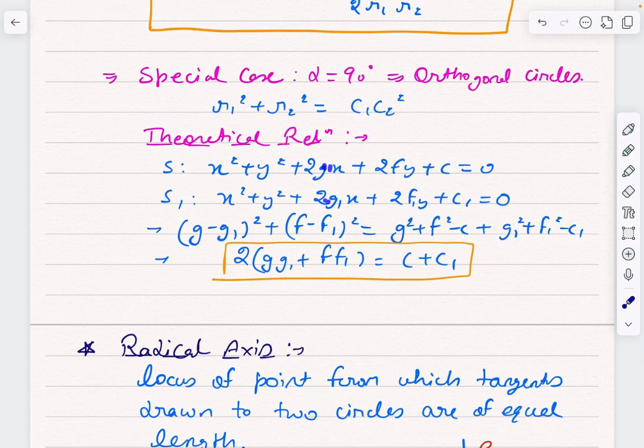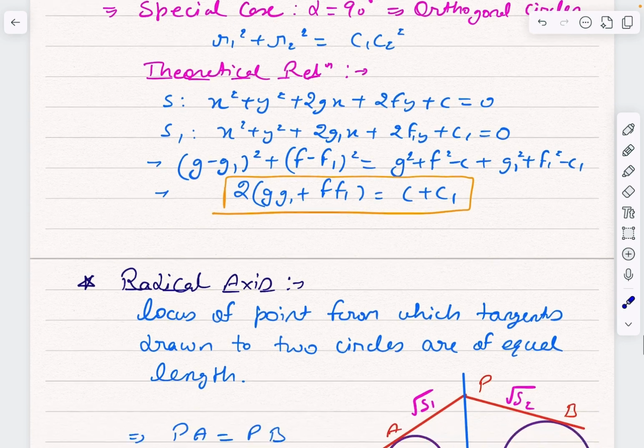The centers you know, how to find the distance between the centers. Upon simplification, you get 2gg1 plus 2ff1 equal to c plus c1. This is a very important result. Many problems will be solved using this. So if two circles are orthogonal, you have to remember two things here. First, r1 square plus r2 square will be C1C2 square, and second, 2gg1 plus 2ff1 will be equal to c plus c1. These g, f, c are from the general equation of a circle.